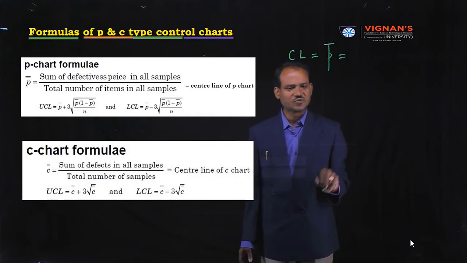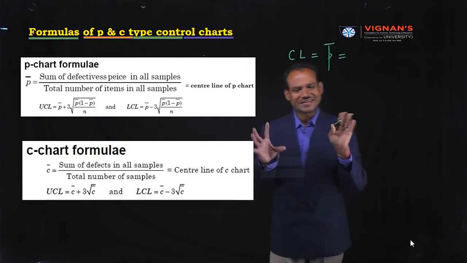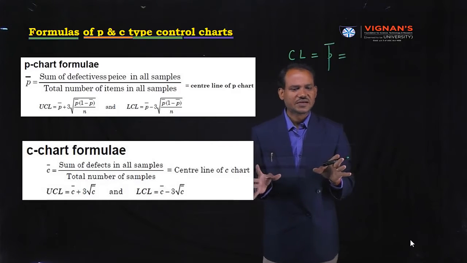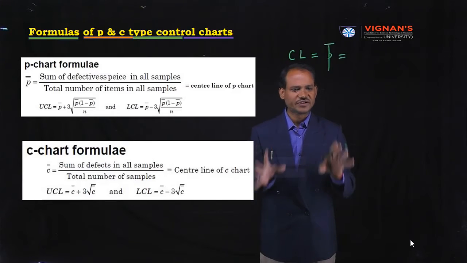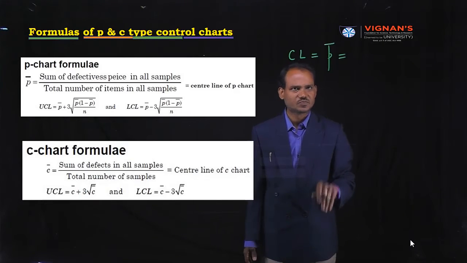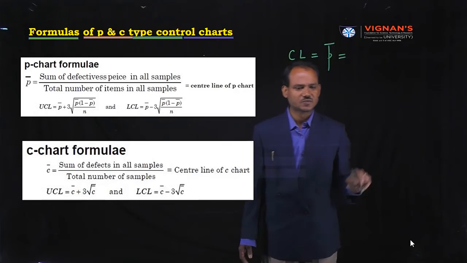P means what? How much fraction of defectives exists. P bar means the fraction of defectives. Bar means mean.